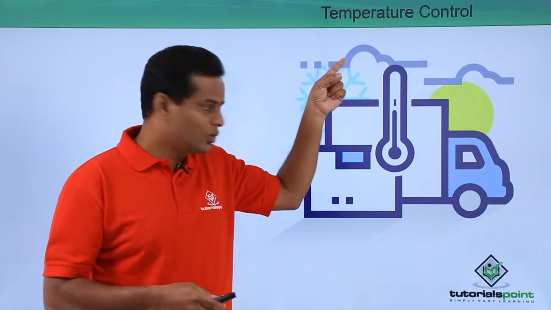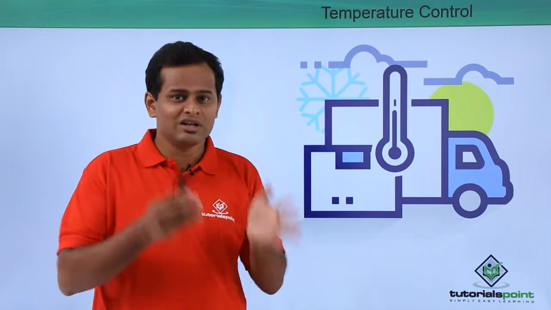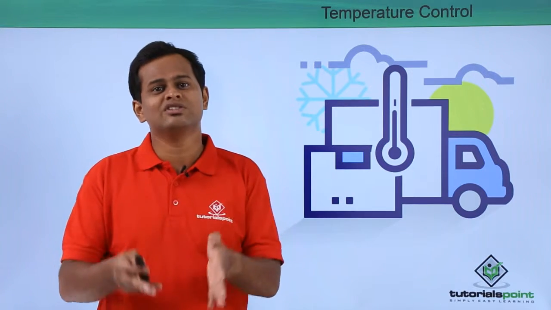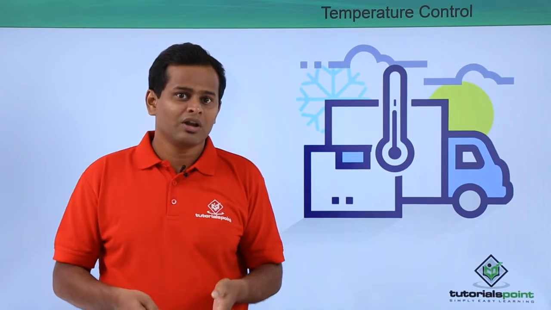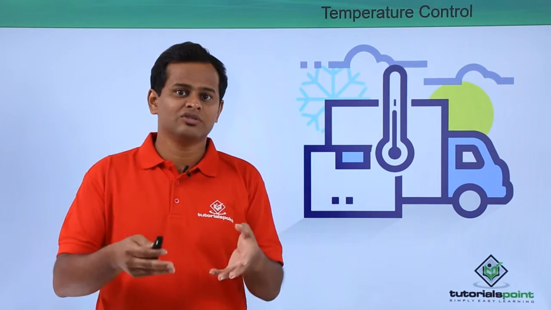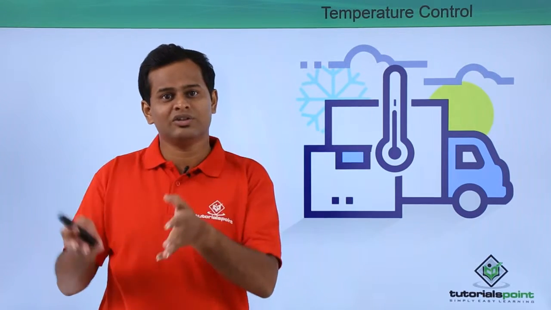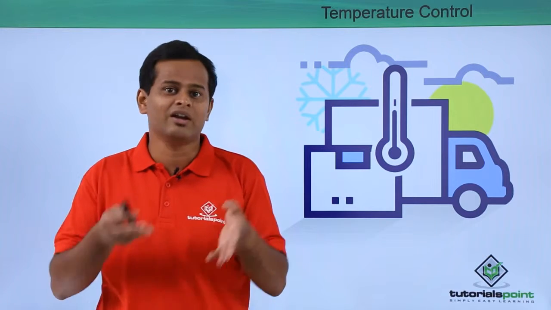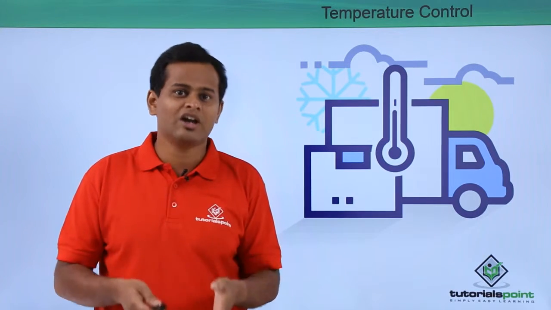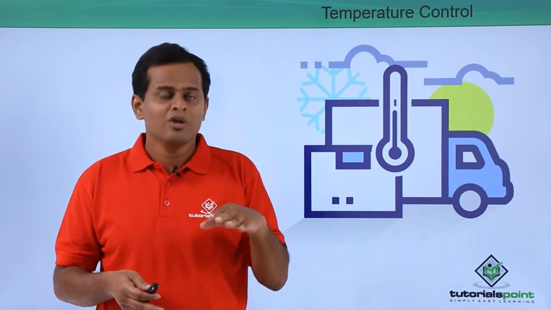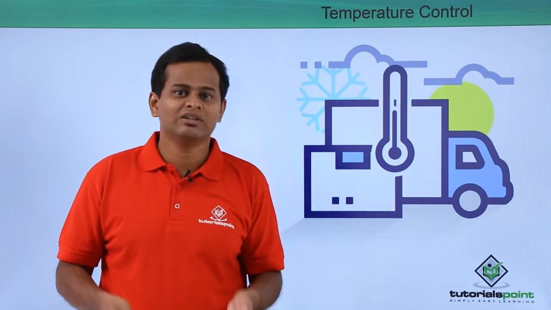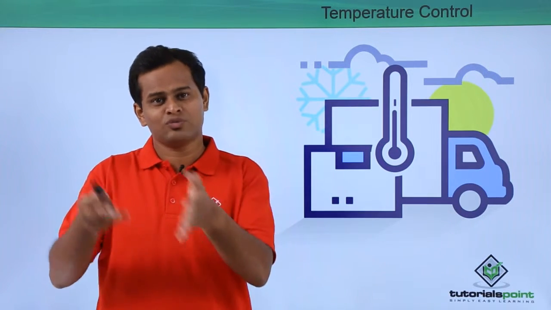In temperature control, we know that there are certain items that will be very sensitive to the temperature. Like when we talk about certain food items or certain other edible items like fish, they need to be stored at a very low temperature, because if we are not going to do that, then these things may get spoiled.